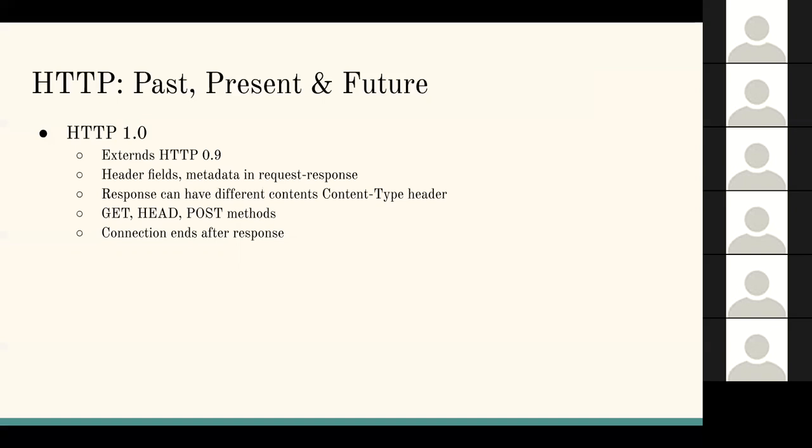For each of those files, they re-establish the connection, ask for the file, return the file, connection close, connection open, ask for the JavaScript file, return the JavaScript file, connection close. So you can see there's so much overhead going on. You could just open the connection once, ask for everything, send everything, connection close. You don't have to go through opening and closing the connection all the time, which is overhead.